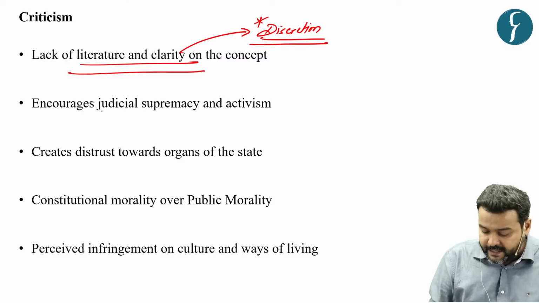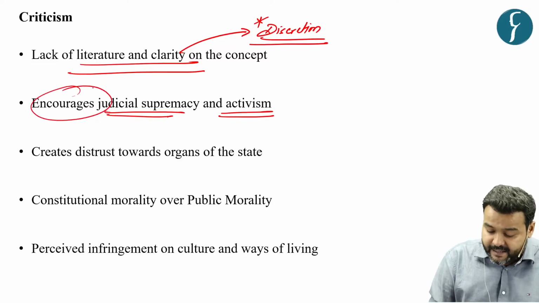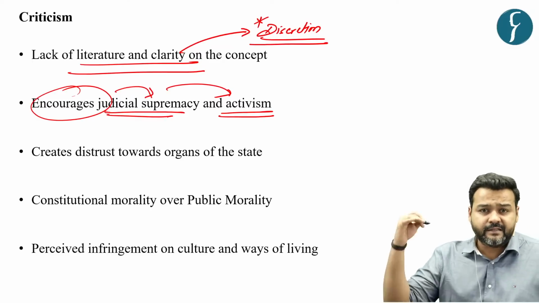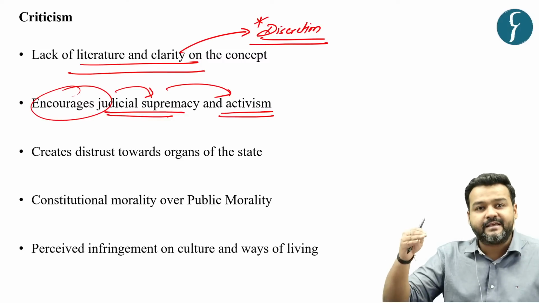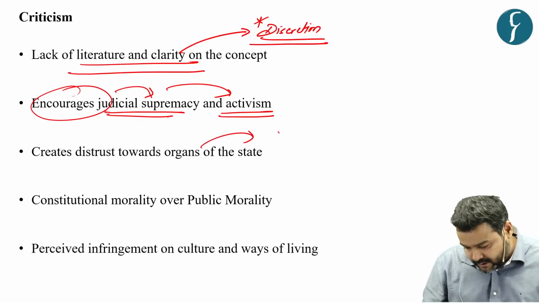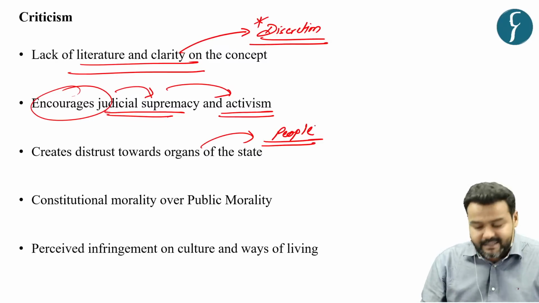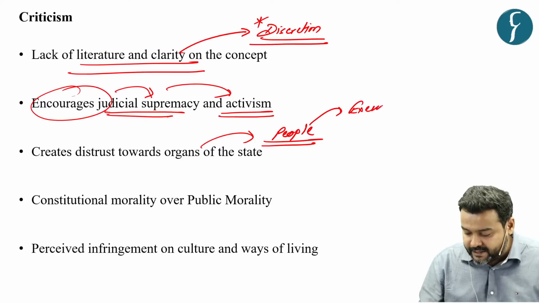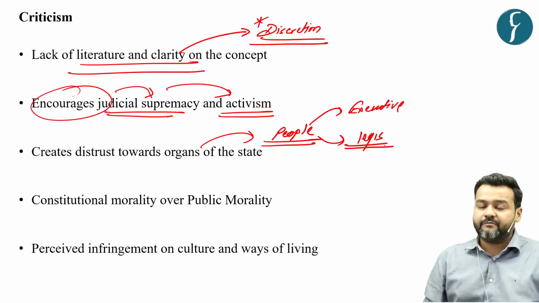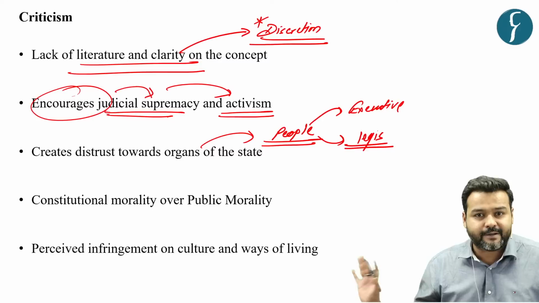Then comes judicial supremacy and activism. Yes, it encourages both of them. Thirdly, in this top-down approach, where morality is coming from the higher judiciary to the lower level, people will definitely develop a distrust towards the executive and legislature, because they have not elected the judges. The court is an autonomous body which has not been elected by the people.